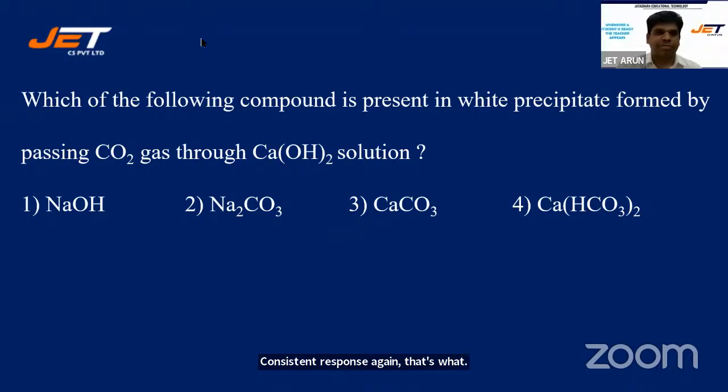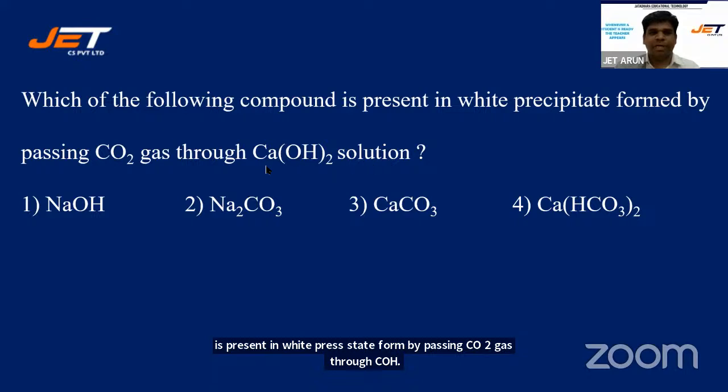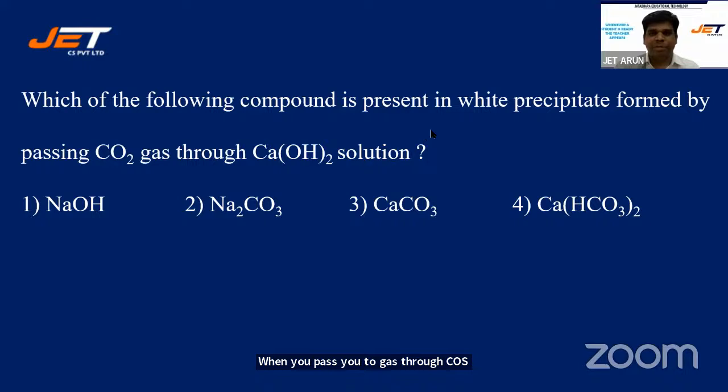Look at this question. Which of the following compounds is present in the white precipitate formed by passing CO2 gas through Ca(OH)2 solution? When you pass CO2 gas through Ca(OH)2 solution, a white precipitate is formed. What is that white precipitate?